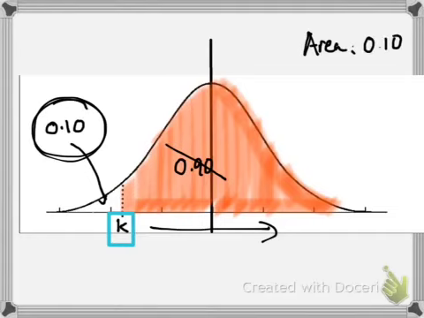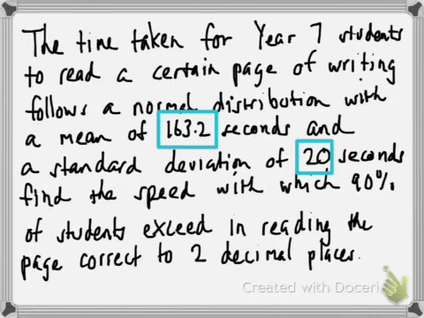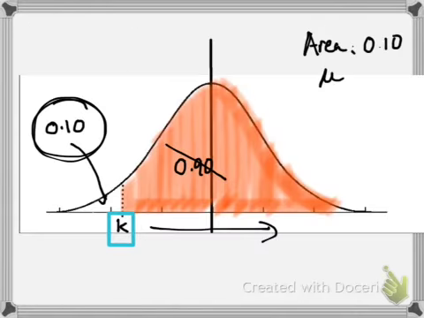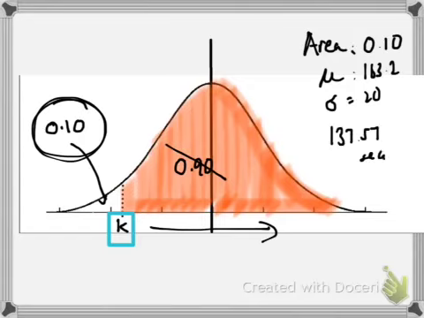So it's 0.10. Our mean, going back to the question, was 163.2. Our standard deviation was 20. If you place that in the calculator, 0.1, 163.2 and 20, we get 137.57 seconds as our answer.